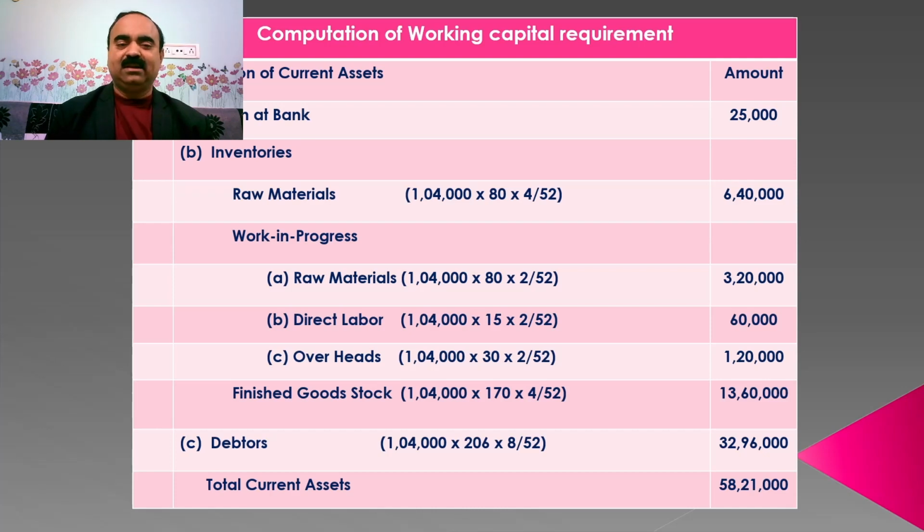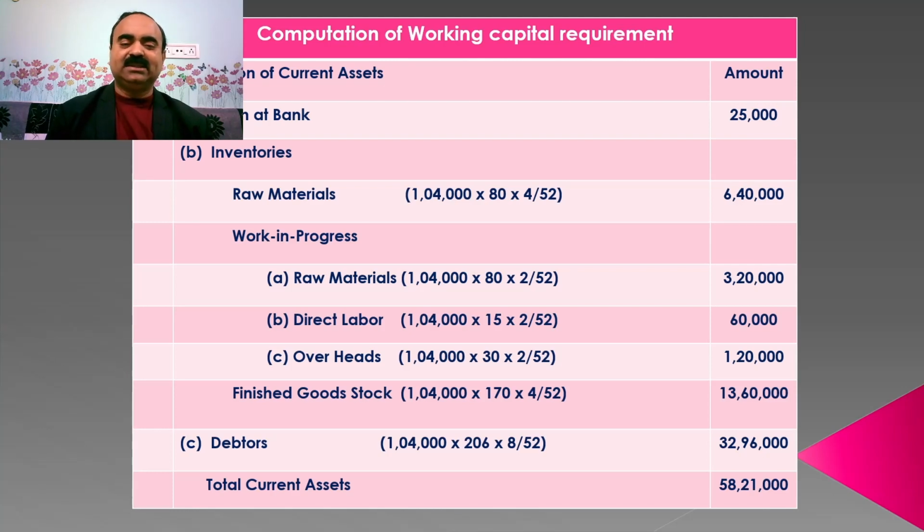Let us first complete estimation of current assets. We already know that important current assets include cash, inventories, and debtors. Based upon the information given in the case study, cash at bank is expected to be rupees 25,000. Inventories include raw materials, work in progress, and finished goods.